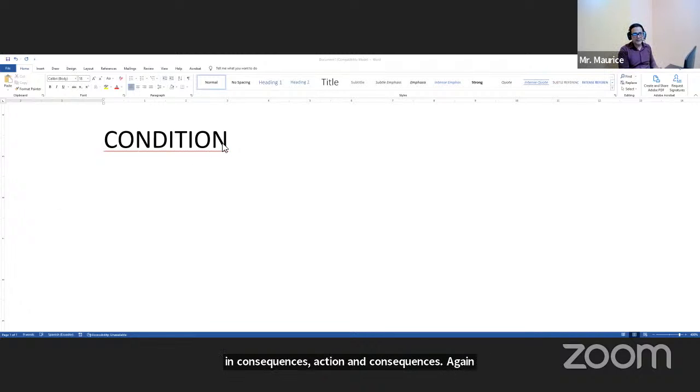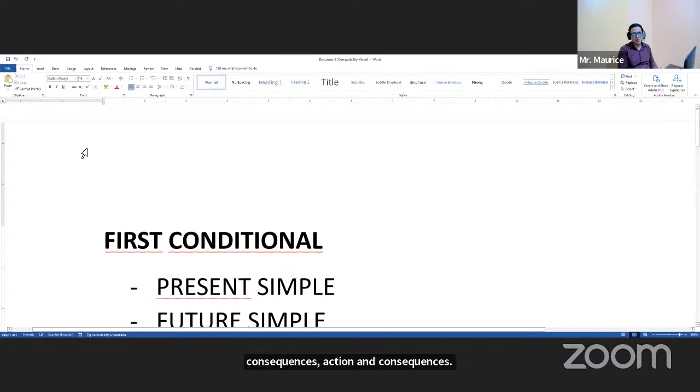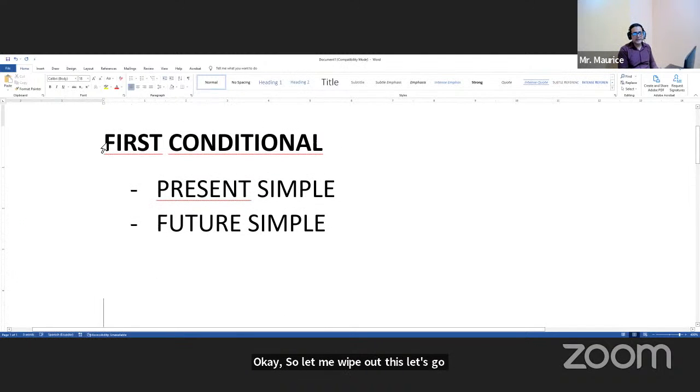So let me wipe this out and go back here. First conditional is like action and consequences, or an action and the result.